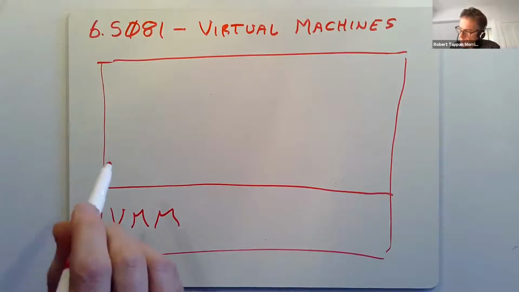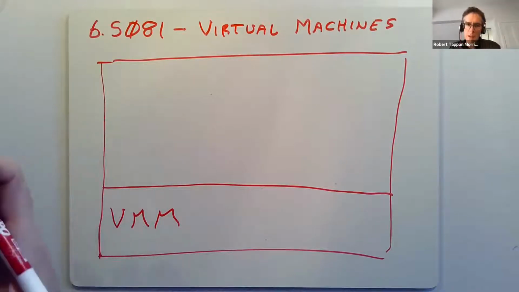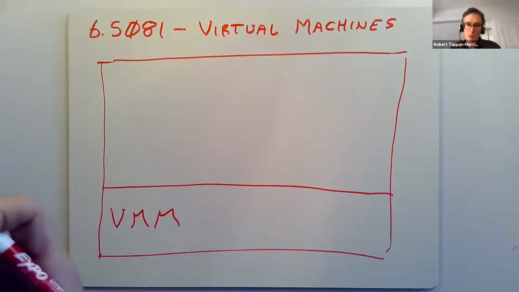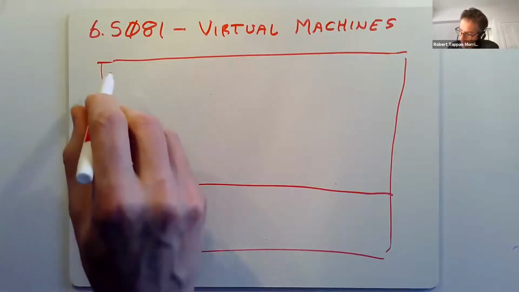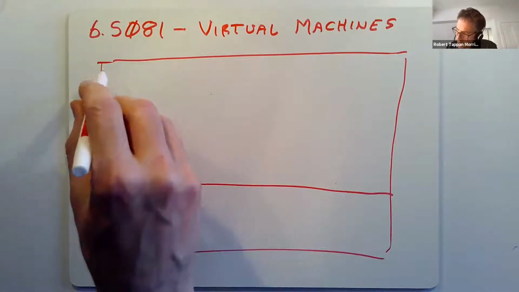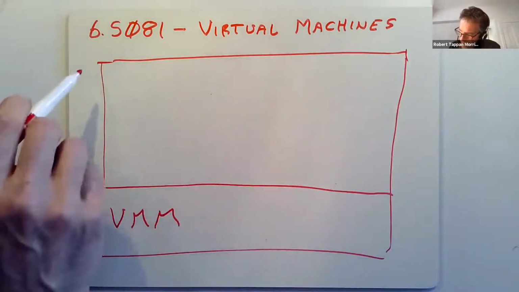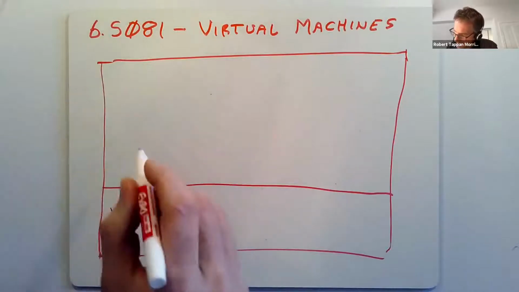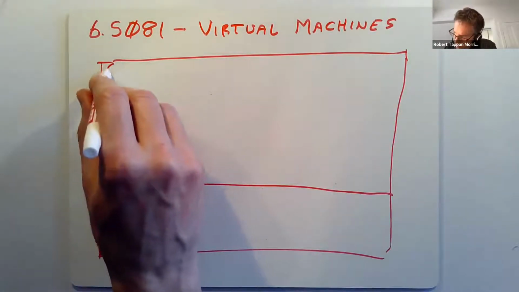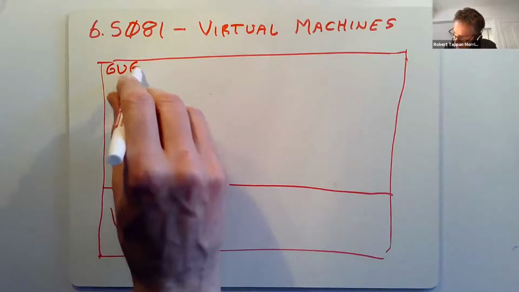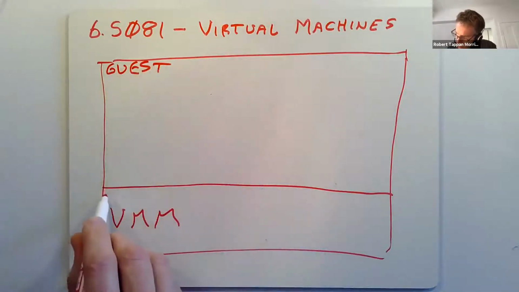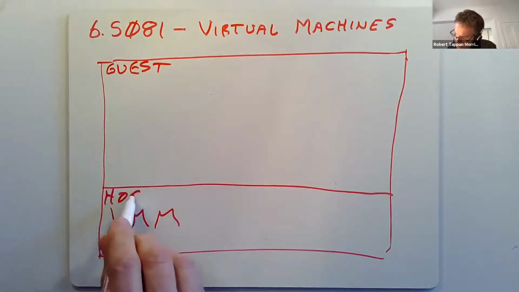The virtual machine monitor's job is to simulate a bunch of computers for guest operating systems. So, up here in what used to be user space in our usual diagrams, but is now guest space. So I'm going to call this guest space, and down here, host space.